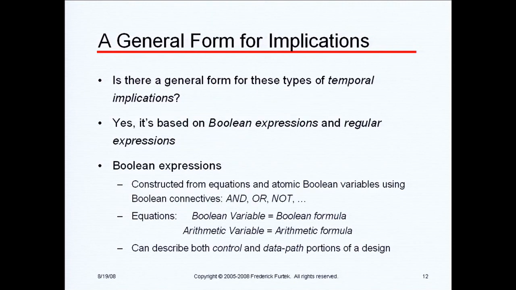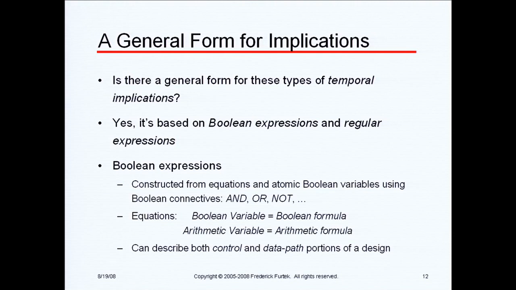Now, is there a general form for implications distributed in time? And the answer is yes. It's based on integrating Boolean expressions and regular expressions. And I know that there's work going on here in code search using regular expressions. I assume I'll give you a very brief overview of regular expressions.